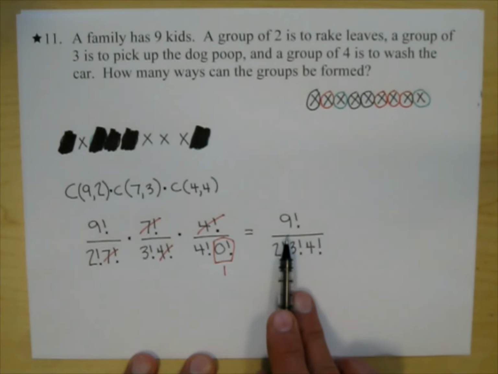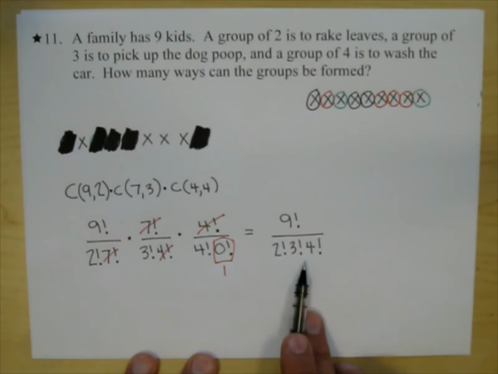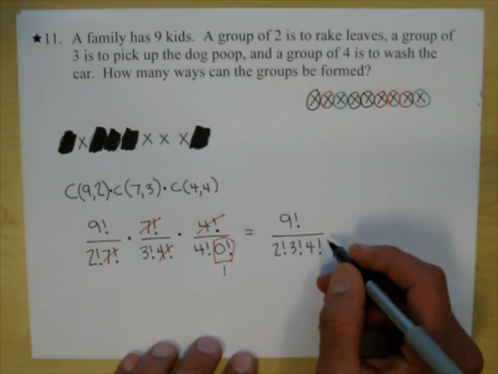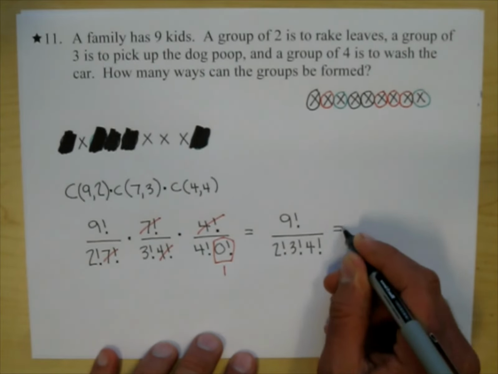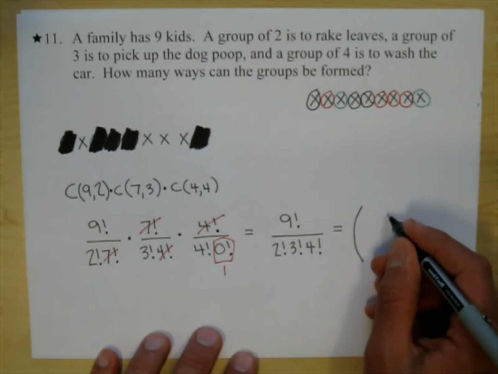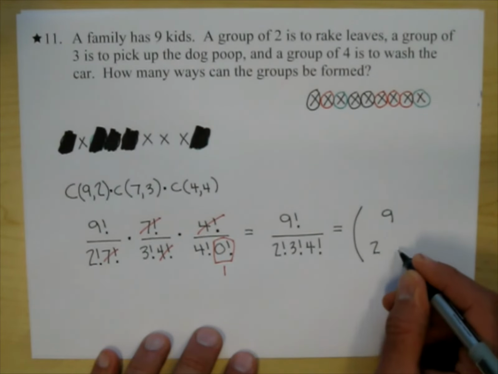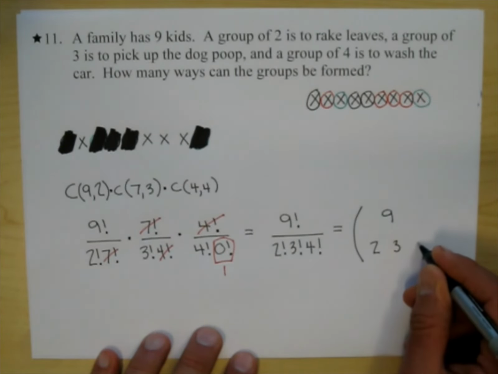This probably reminds you of these combination formulas, except now we've partitioned the group into 3 groups. And so this has notation. Some books will say the notation for this is we have 9 up there, 2, 3, 4.